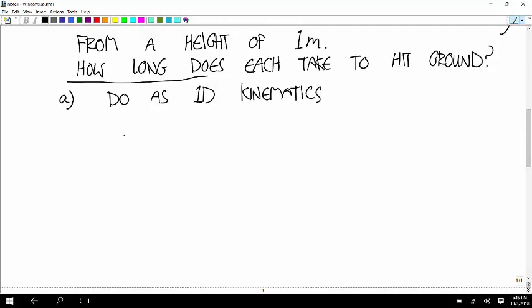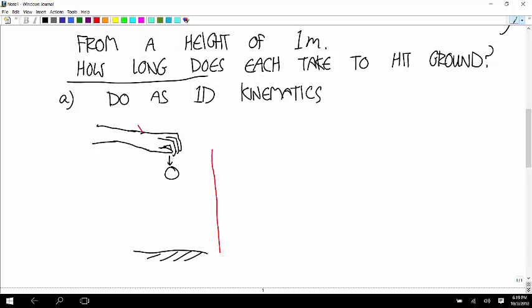Okay, so if the object is dropped there. That's supposed to be a hand. Okay, so this object's just dropped down to the ground. The initial height is 1 meter.